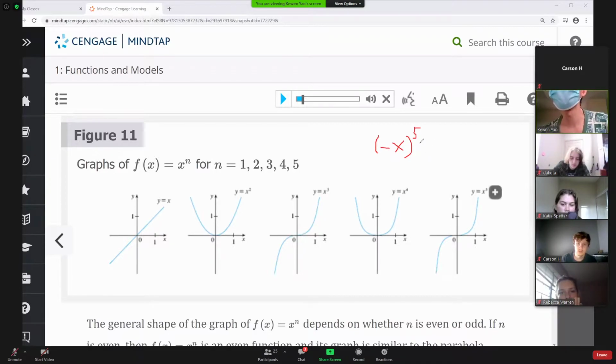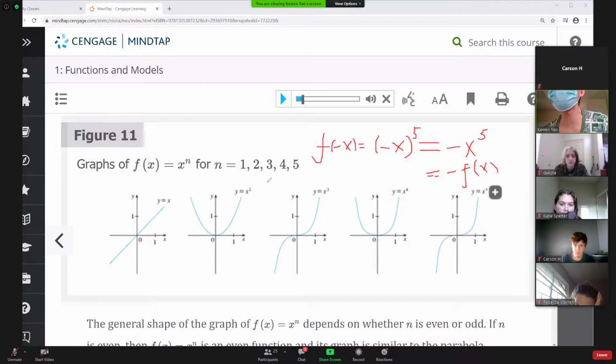This is f(negative x). f(x) is the power fifth, so you replace x by negative x, you will have these. Now you simplify. Negative 1 to the power fifth is negative, right? You have negative x to the power fifth. Now what's x to the power fifth? It's f(x), right? So it becomes negative f(x).